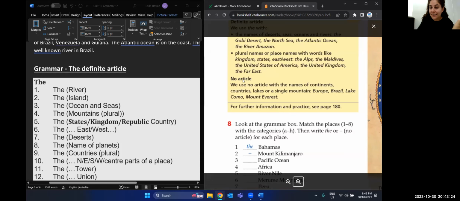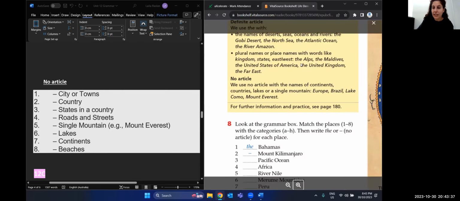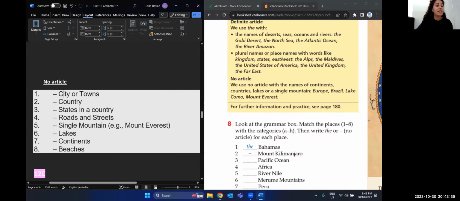You don't need it when you say continents. So you don't say the Australia, the Africa. So no articles, you don't need it for continents. You don't need it for cities. You don't say the Adelaide, you just say Adelaide. Country, you don't say the Australia. You don't say the states in a country.